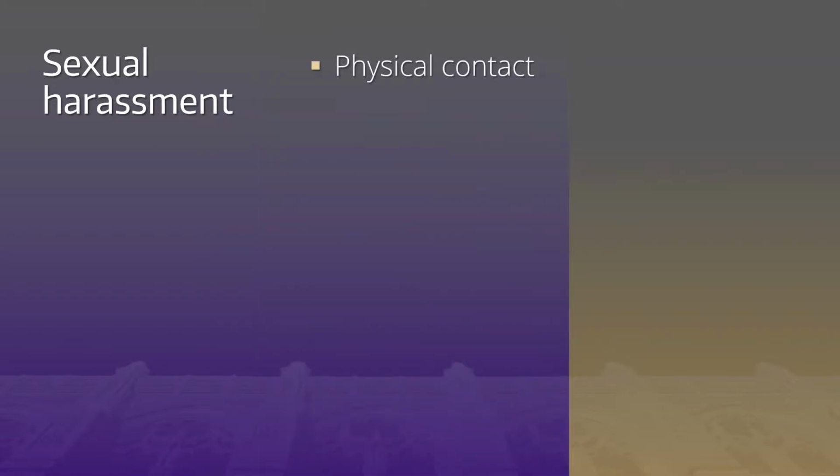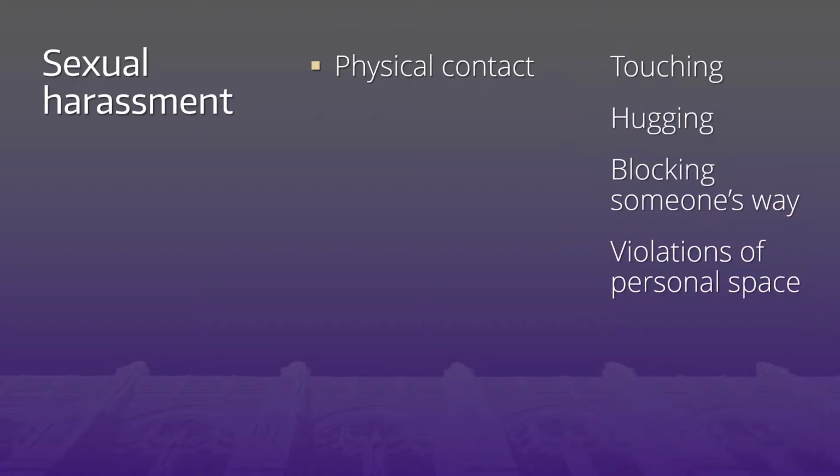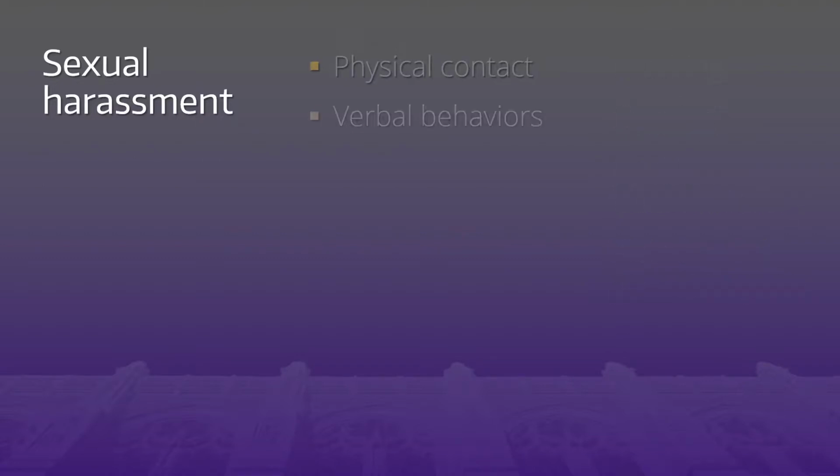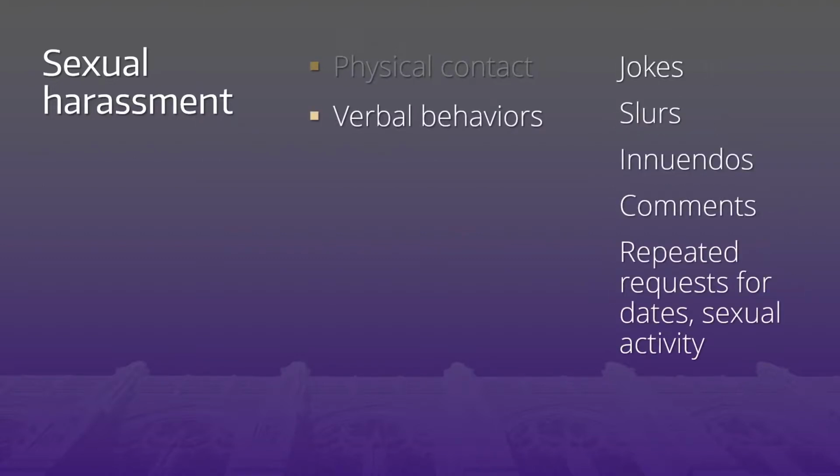Although there is no definitive list of behaviors that constitute sexual harassment, examples include physical contact, such as touching, hugging, blocking someone's way, or other violations of personal space. Verbal behaviors, such as jokes, slurs, innuendos, or comments which mention or imply sexual behavior or sex.